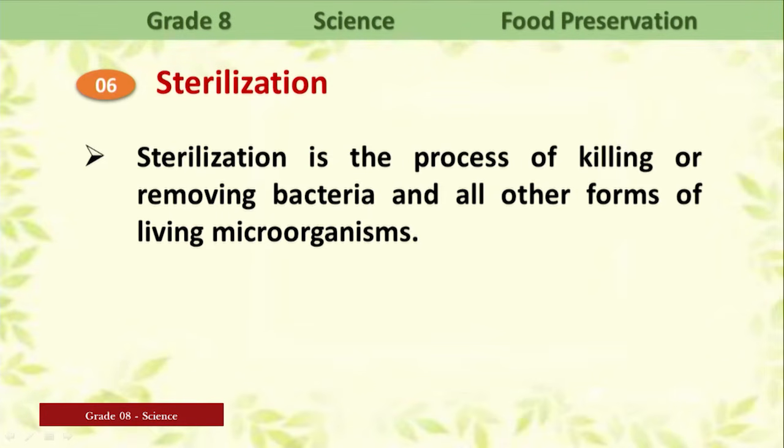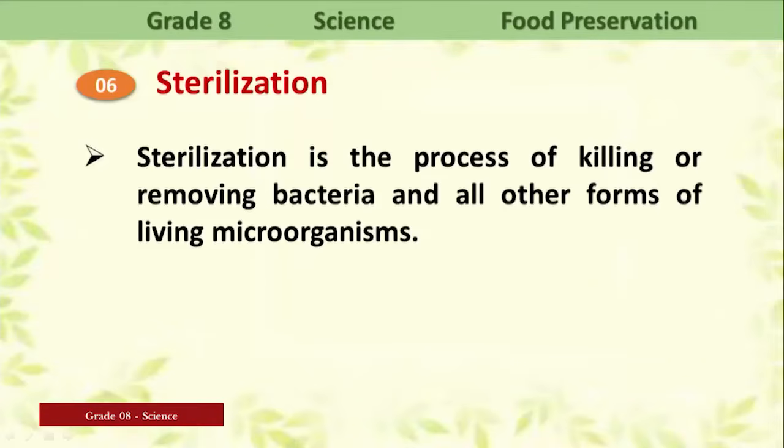You know that the food items contain microorganisms. Unlike pasteurization, in the process of sterilization, almost all the microorganisms are destroyed. So, the food items that are preserved through sterilization can be kept for a long time, right? It is very important. You have to keep that in your mind. Okay.